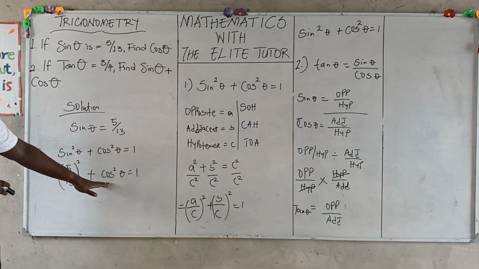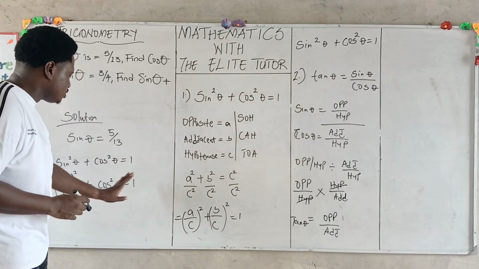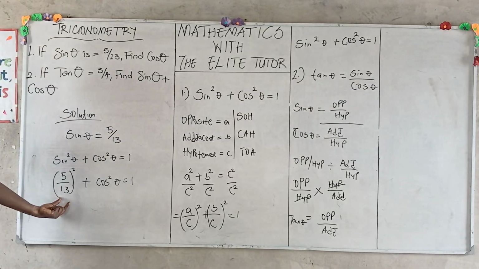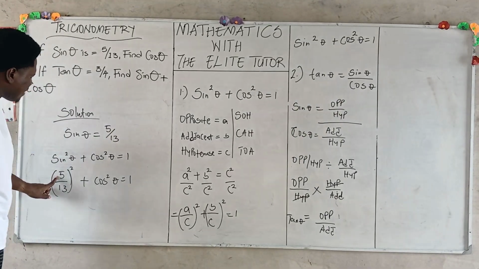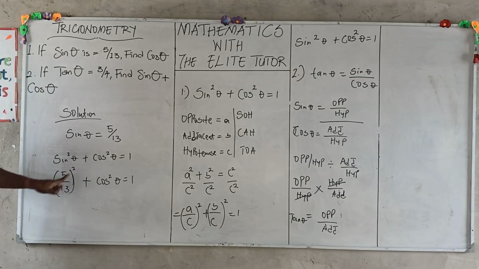We are looking for the value of cos squared theta, right? So we are going to what? We are going to collect our like terms. But before that, we can open this bracket. When we have 5 over 13 all squared, that means 5 raised to power 2 and 13 raised to power 2.